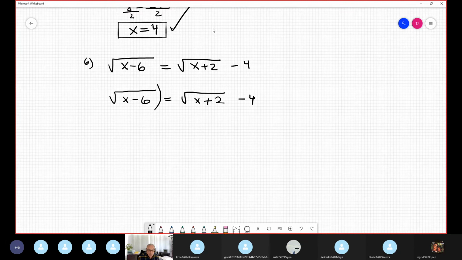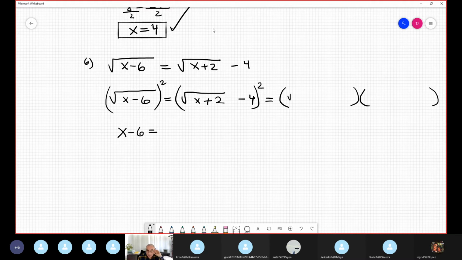And you square both sides. X minus 6 is equal to... Okay. FOIL or the formula, no?